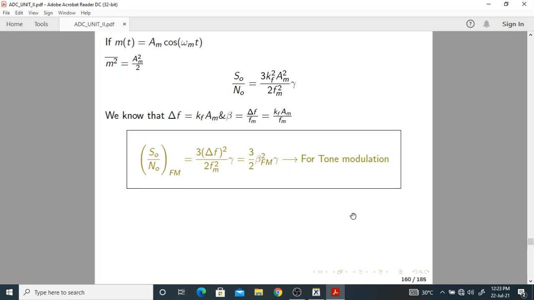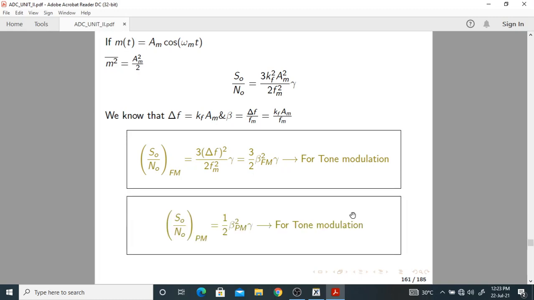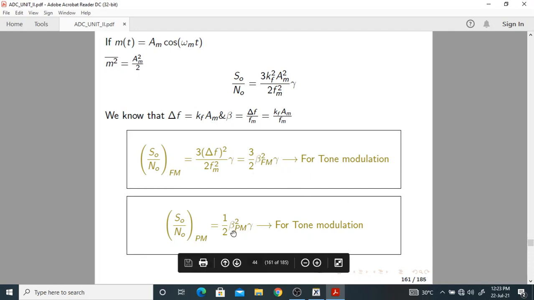You do the same thing for PM. What do you get? 1 by 2 beta square gamma. So these are the output SNRs of FM and PM signals for single tone modulation. It is 3 by 2 beta square gamma, and 1 by 2 beta square gamma.